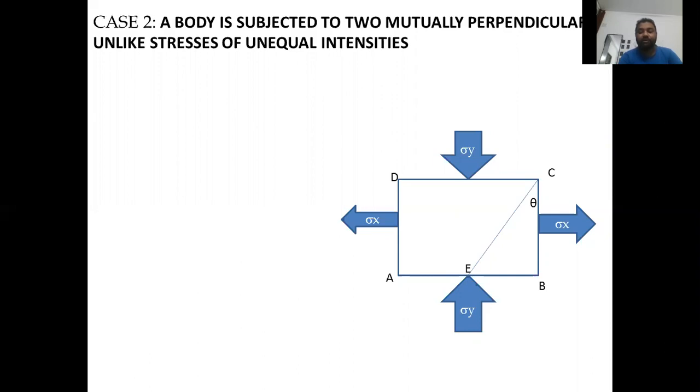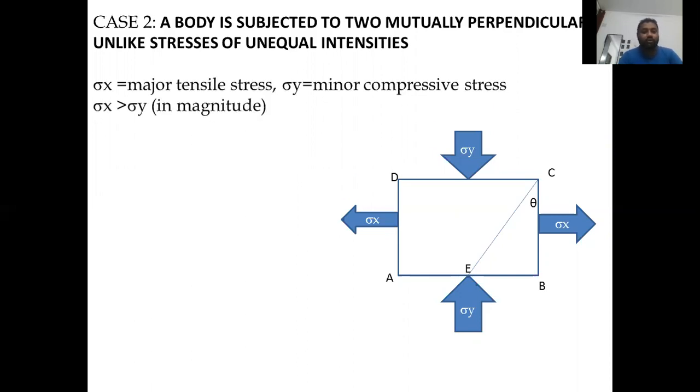We will find the normal stress, tangential stress, and principal stresses on the oblique plane. Sigma X is called the major tensile stress and sigma Y is the minor stress. The condition here is that sigma X is greater than sigma Y in magnitude.